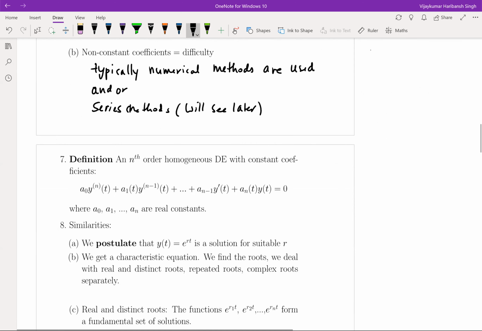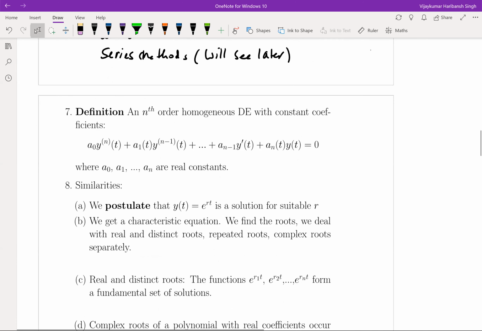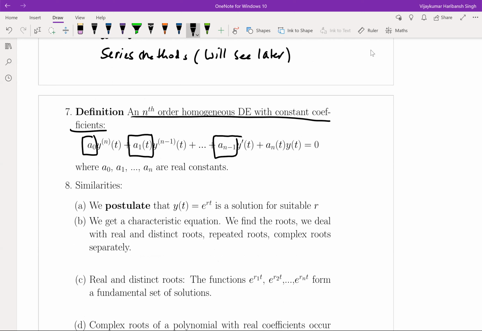All right. So now we'll focus on an nth order homogeneous differential equation with constant coefficients. That means all these functions are going to be constant functions, so a0, a1, and so on are real constants. So how do we solve this?